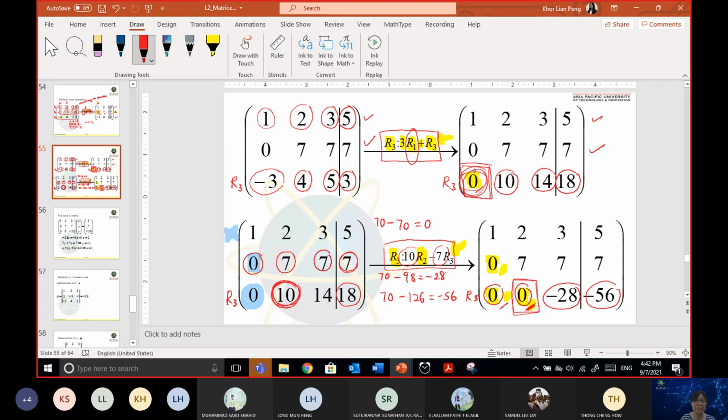It will be easier in this case, because R1 has a value you can use to make this a 0. But for the second 0 in R3, in order to make this a 0 and keep the first 0, you must use the second row and conduct the row operations on R3.